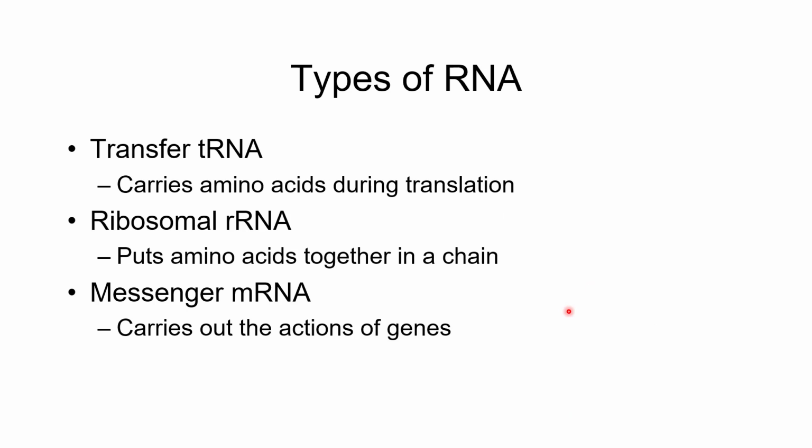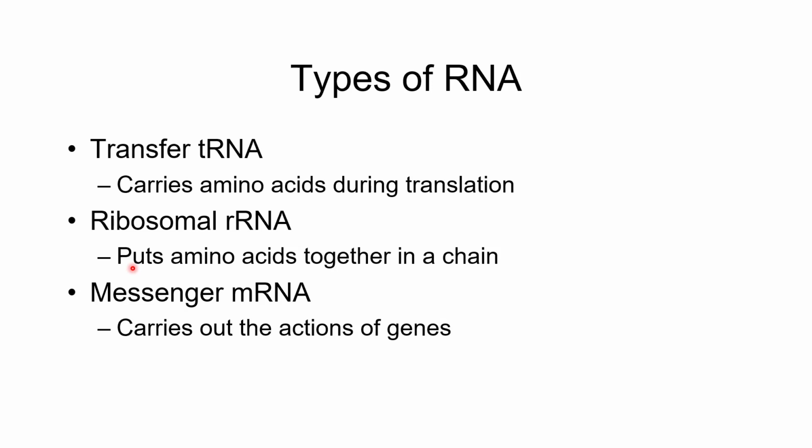There are three main types of RNA found in the body. We have transfer RNAs, which we'll call tRNA. These serve the function of carrying amino acids to the ribosome during translation. We can have ribosomal RNAs, which we designate rRNA, and these actually are what form our ribosomes.